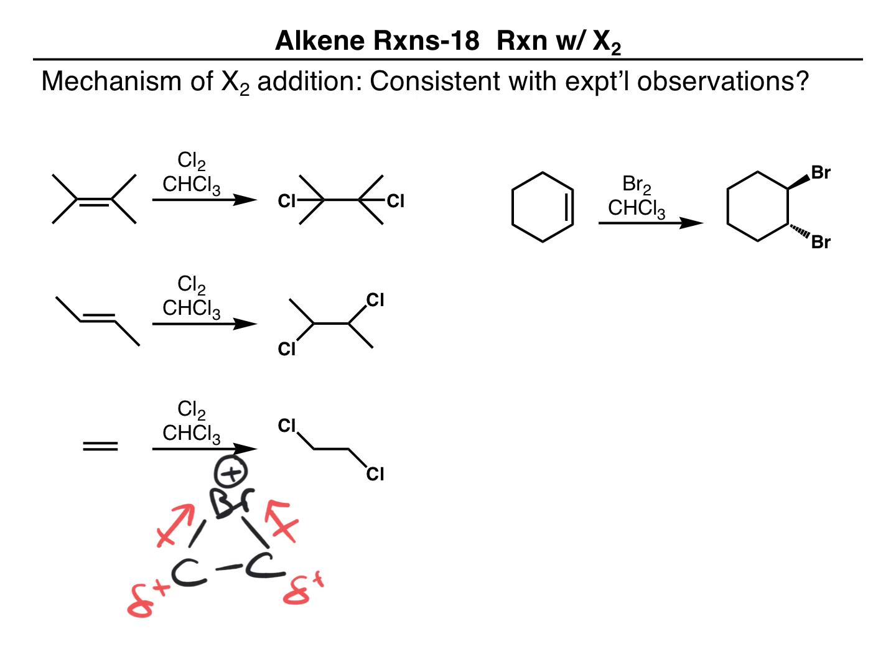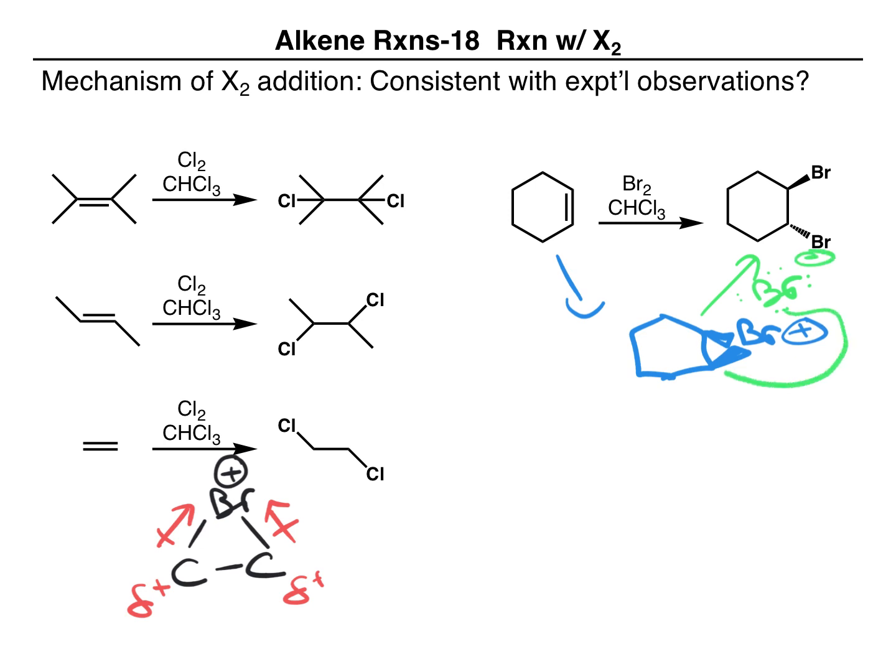So if we think about the intermediate, if the cyclic bromonium ion forms on the front face, then when the second bromine adds, it has to add to the back face, opening this up here. And so this bromine is behind, and this bromine that was the cyclic bromonium ion is in front.